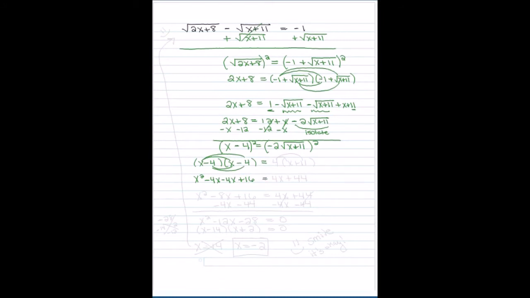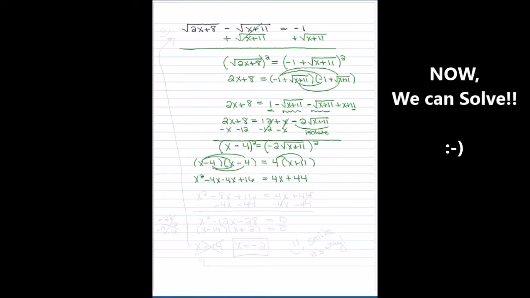On the right hand side, I have negative 2 squared, which is going to give me positive 4. And then a radical squared is just going to give you what's underneath the radical, which is x plus 11. So I distribute and get 4x plus 44.